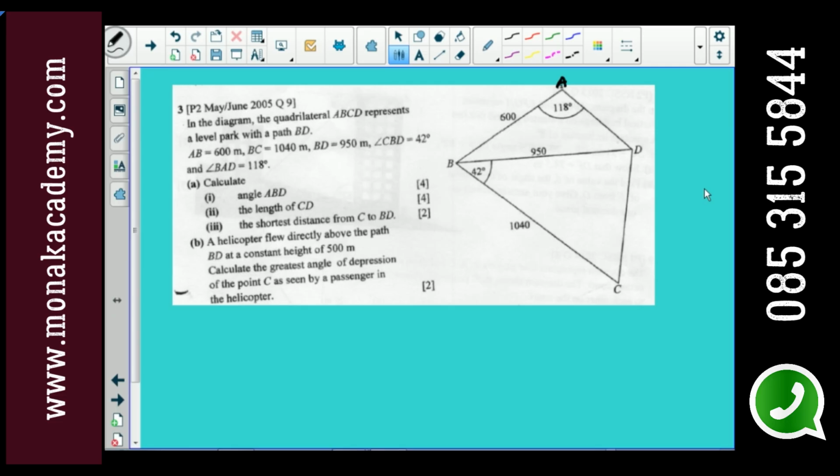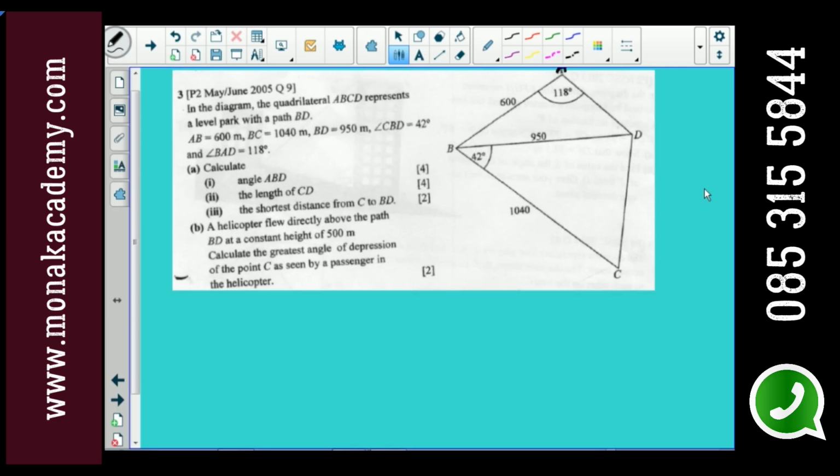Right. In the diagram, the quadrilateral ABCD represents a level arc with a path BD. AD is that, so they are just simply telling us what they already drew. So we can simply move on to what they want us to do.